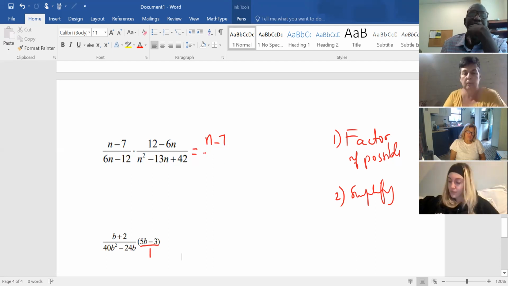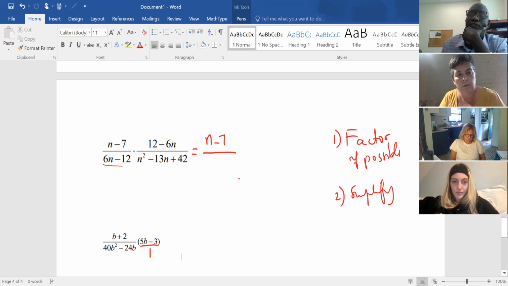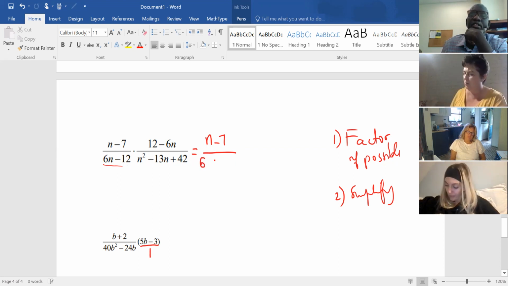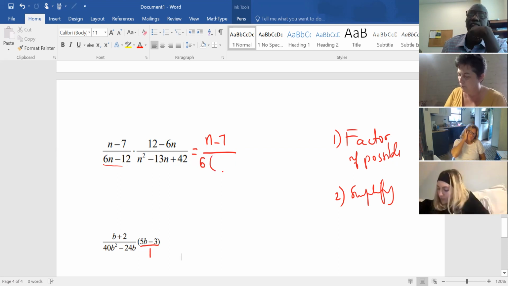What can you factor out of the first denominator, this one right here? You can factor out a 6. A 6, parentheses, n minus what? N minus 2. N minus 2, thank you.